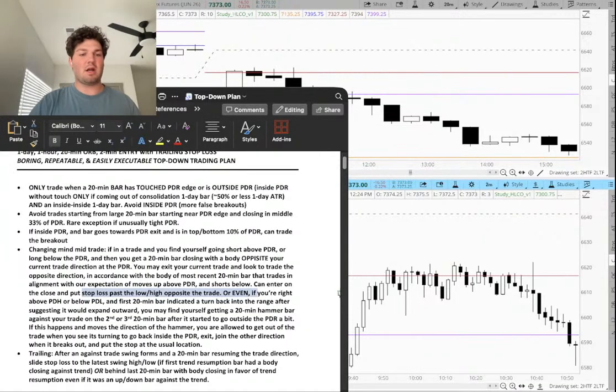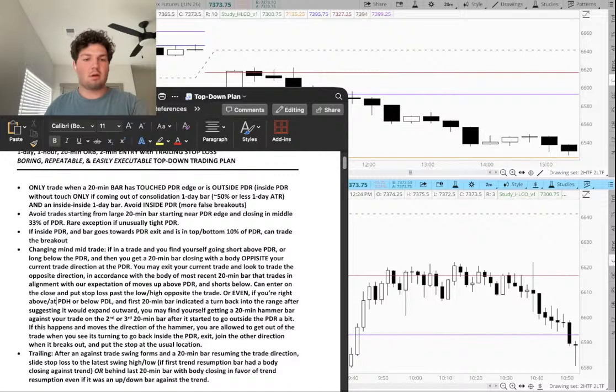Or even if you're right above prior day high or prior day low, in the first 20-minute bar indicated a turn back into the range right after suggesting it would expand outwards. You may find yourself getting a 20-minute hammer bar against your trade on the second or third 20-minute bar after it started to go outside PDR a bit.